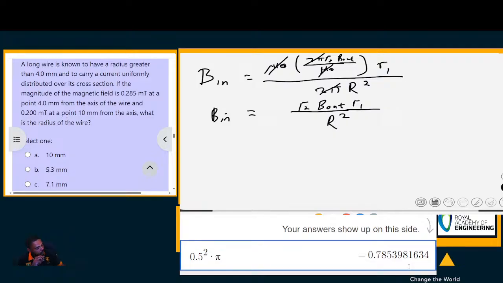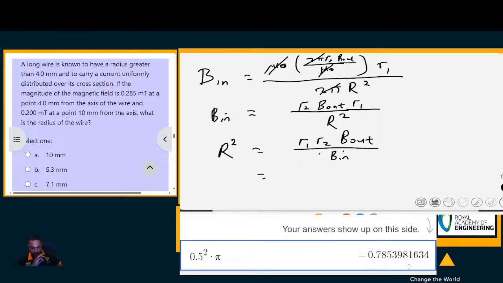Now we want R squared, so we'll rearrange the formula to get r squared. It's just the radius inside, the radius outside, times the magnetic field outside, divided by the magnetic field inside.